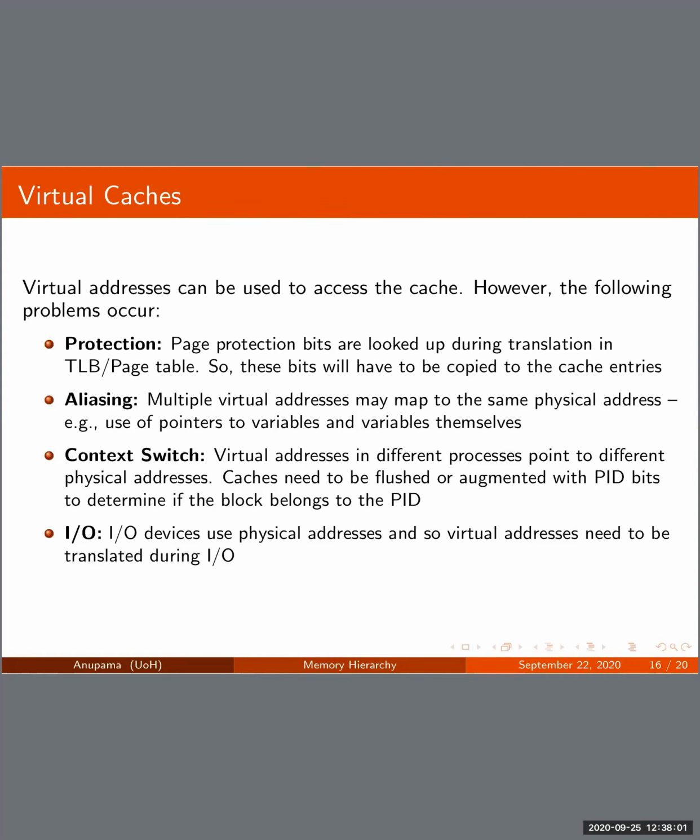That is not going to be present in the cache, right? So, your protection checking is not done. One solution to this would be to copy the protection bits to the cache entries, which means that you're increasing the number of bits per entry in the cache. So it increases the power consumption of the cache because of that. That is one solution.